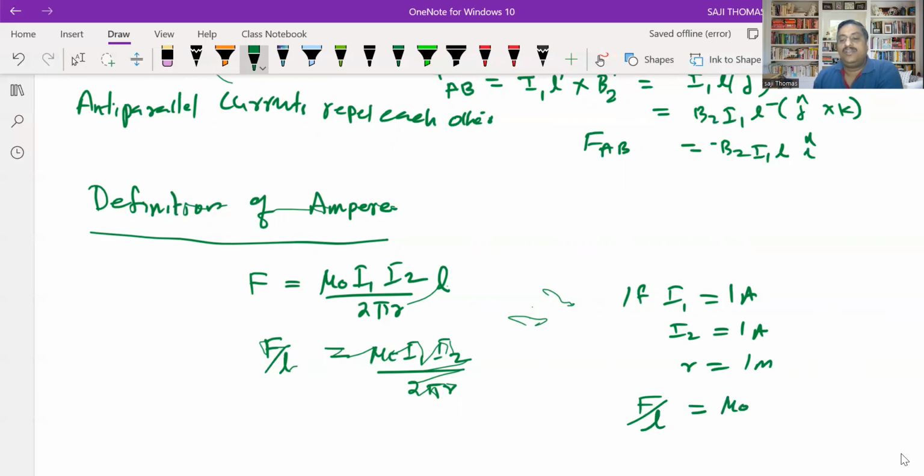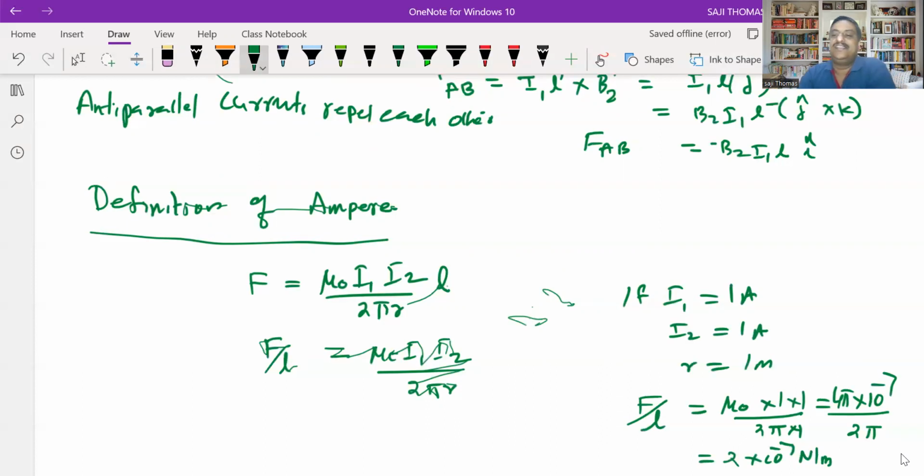Mu 0 into 1 by 2 pi into 1. Mu 0 is 4 pi into 10 raised to minus 7 divided by 2 pi. So you are getting 2 into 10 raised to minus 7 Newton per meter.